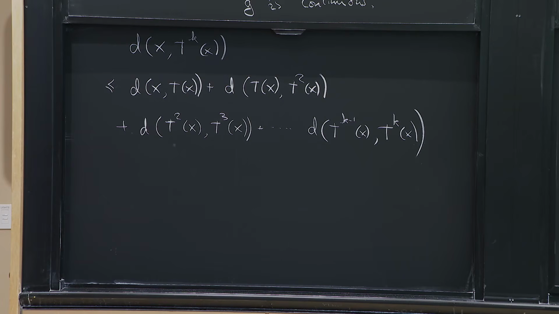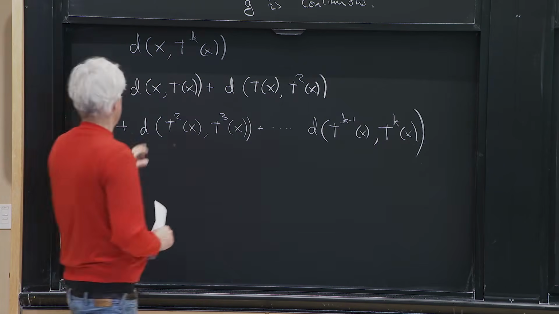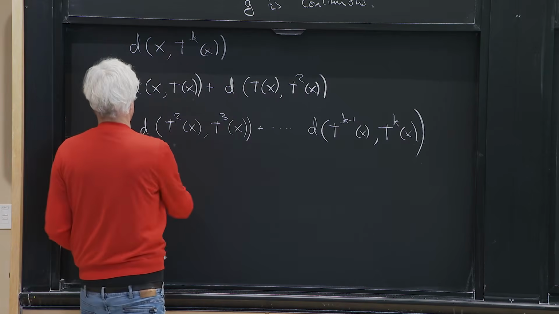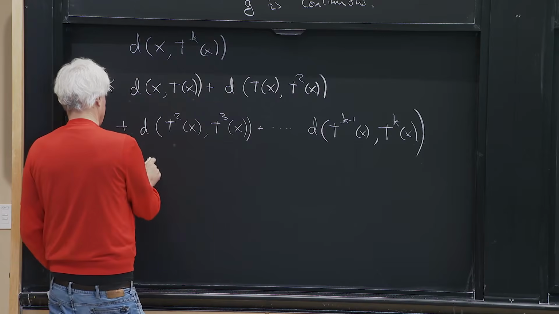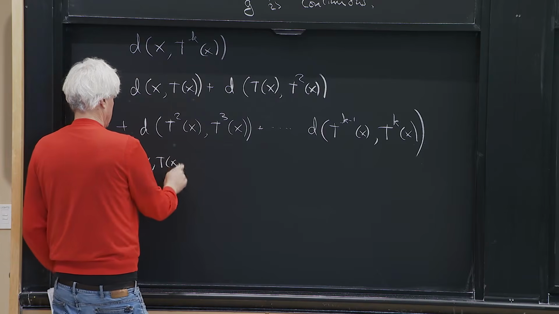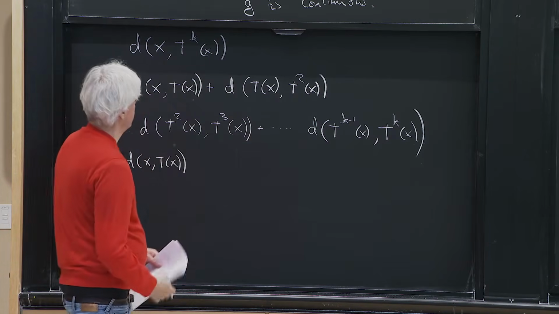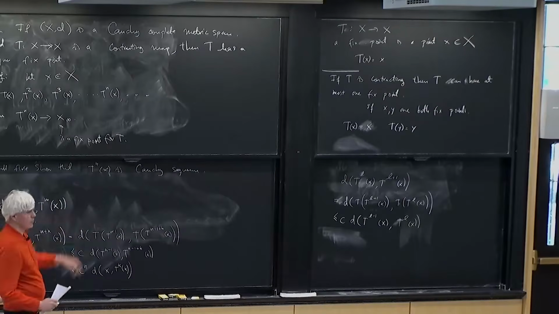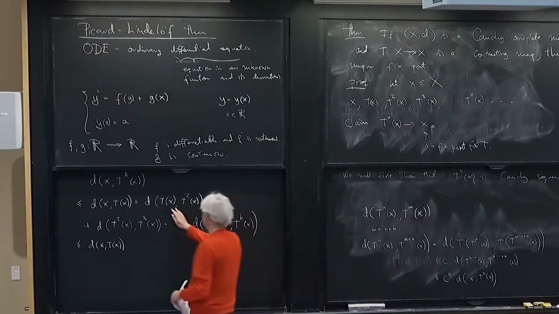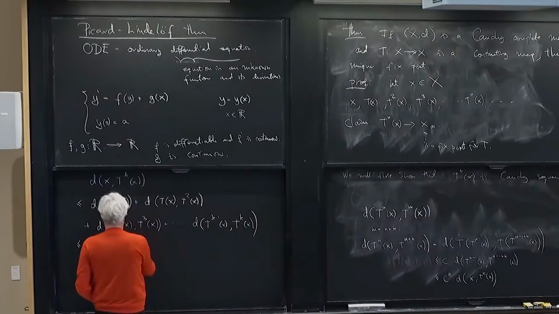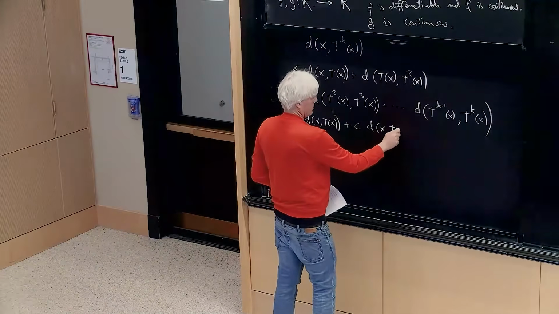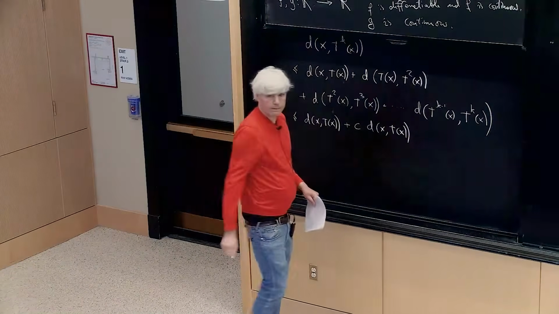Now, this may seem a rather bad estimate, but let's see how bad it is. This first thing here, I'm just leaving it. I can't do anything about that. This one here, I'm using the contraction between two consecutive terms, so it's bounded by c times d(x, T(x)).